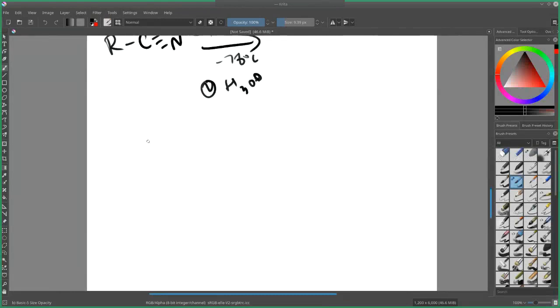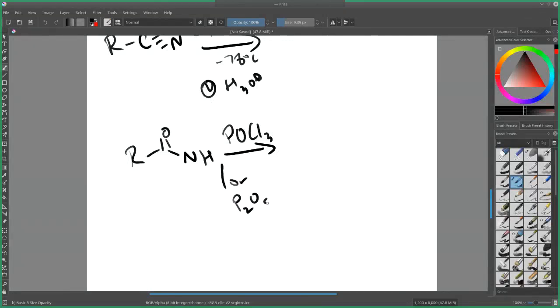Or another thing that you could do, which is a new reaction, is if you have an amide, this is genuinely a new reaction that you haven't seen, or maybe you have, I don't know. But if you give it POCl3, or the alternative is P2O5, then that will dehydrate the amide. So instead, then you get a nitrile. Okay, so this is dehydration.